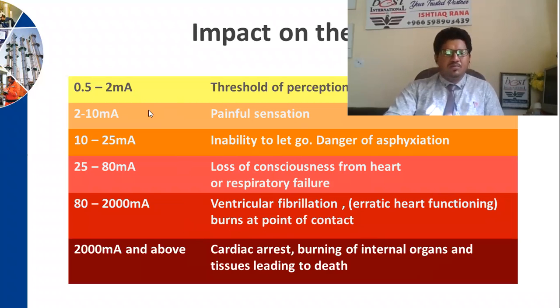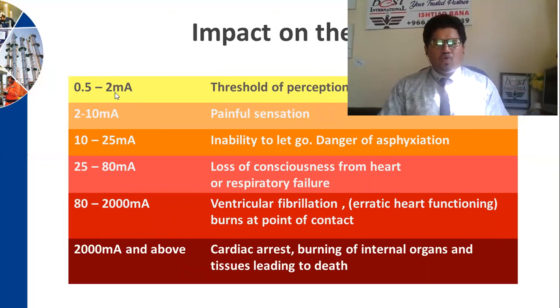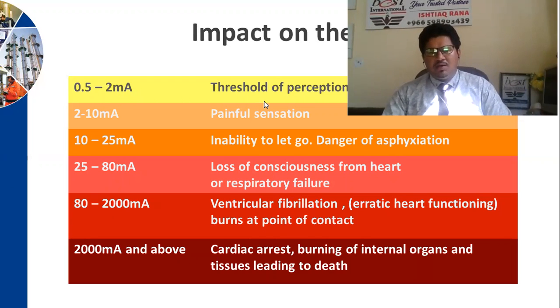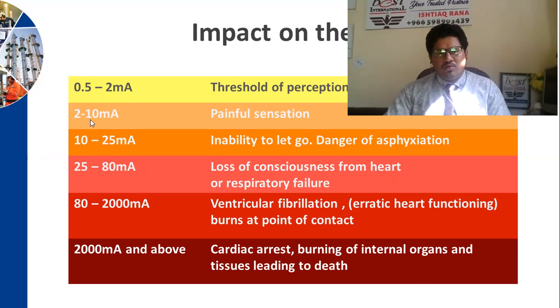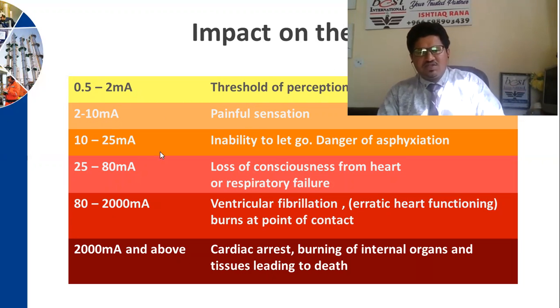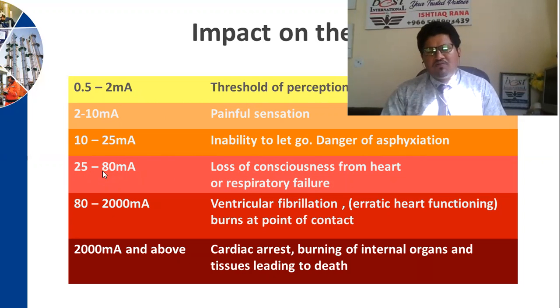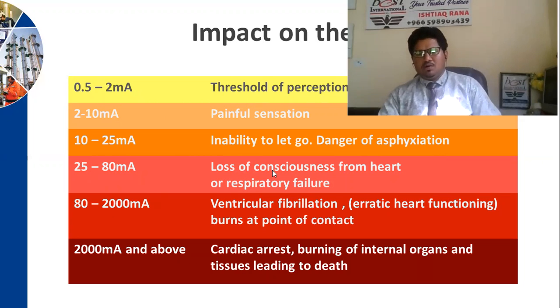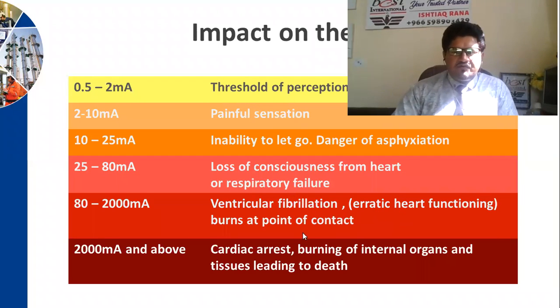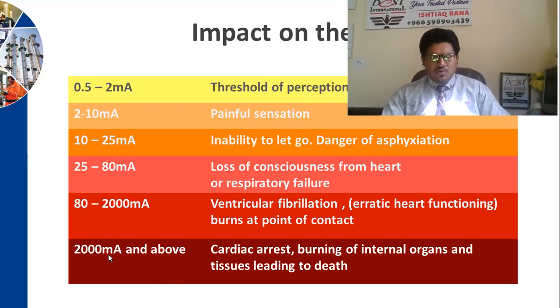This slide is important: 0.5 to 2.2 milliampere is the threshold for perception, 2 to 10 milliampere is a painful sensation, 10 to 25 milliampere is inability to let go, danger of asphyxiation, and 25 to 30 milliampere is loss of consciousness from heart and respiratory failure. 80 to 2000 milliampere causes ventricular fibrillation, like erratic heart function, with burns at the point of contact. 2000 milliampere and above causes cardiac arrest and burning of internal organs and tissues, leading to death.